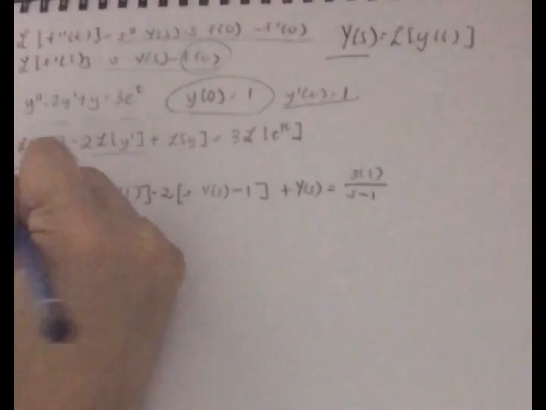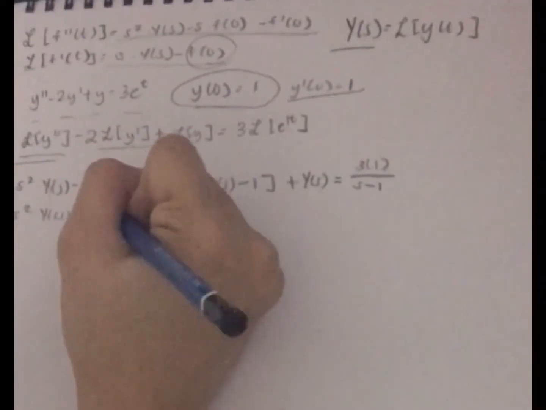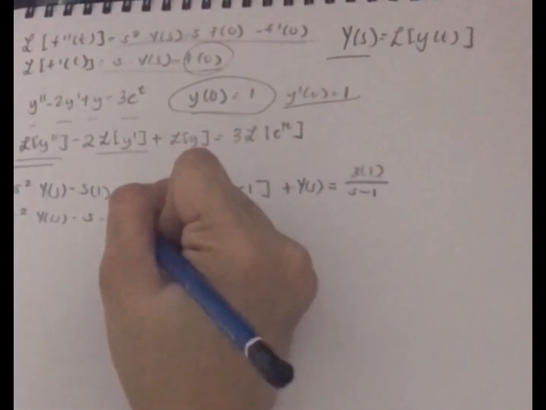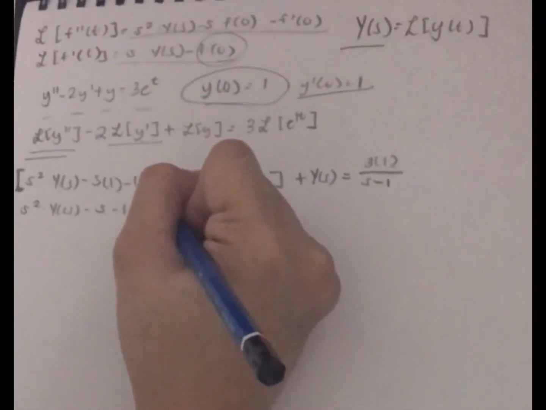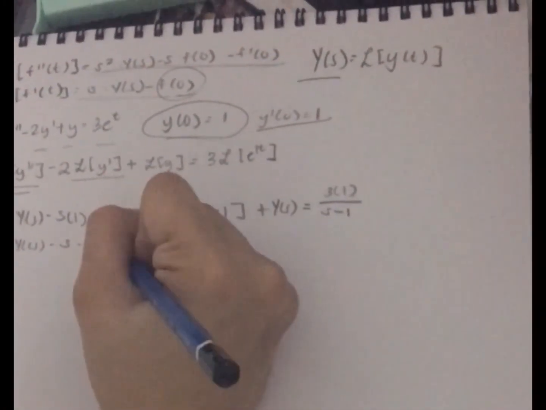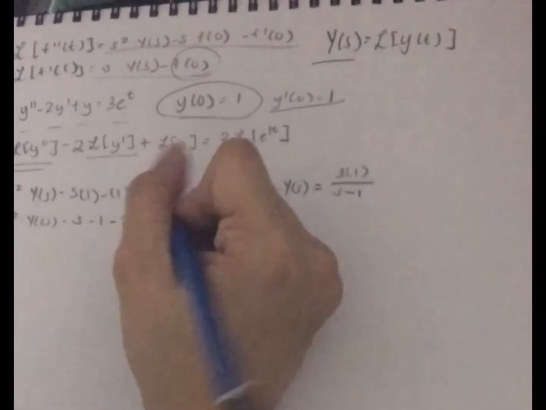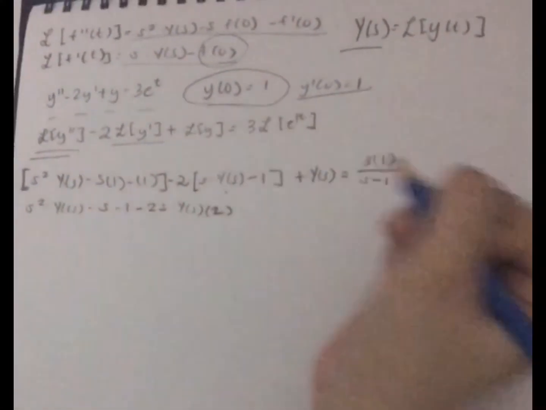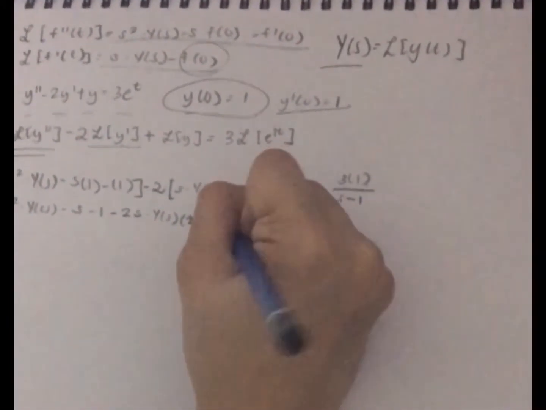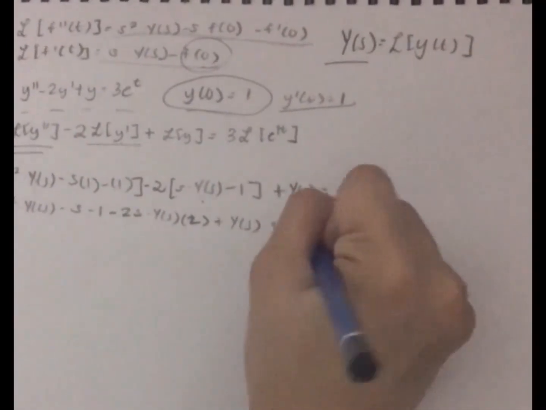Let's just copy this. S squared times y of s minus 1, minus 2 times s times y of s is negative 2 times s times y of s. Negative 2 times negative 1 would be positive 2. So just 2 here. Plus the y of s. Here, just copy this s minus 1.